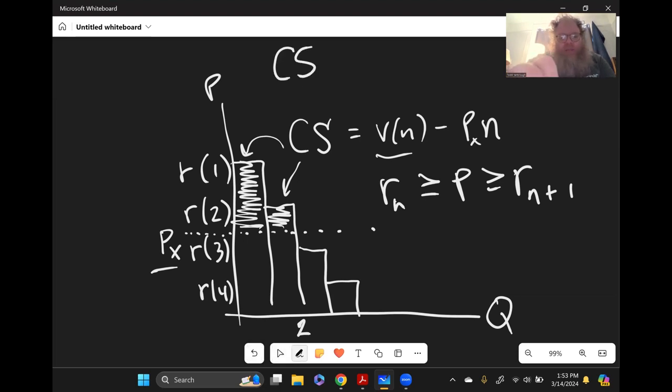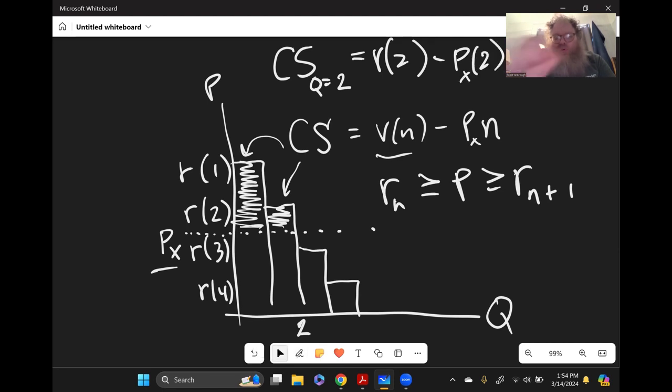So consumer surplus when Q is equal to 2 is going to be equal to the value of 2 units of consumption minus whatever we're paying, the price of X times 2 units of consumption. So you can see the first part of this is the value the consumer gets in dollar terms from consuming 2 units.